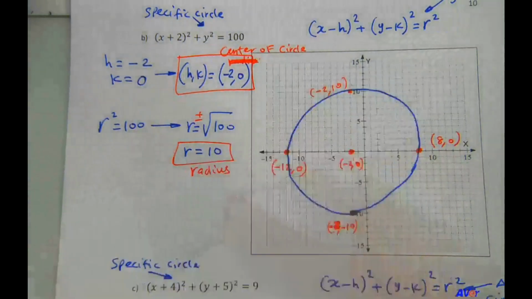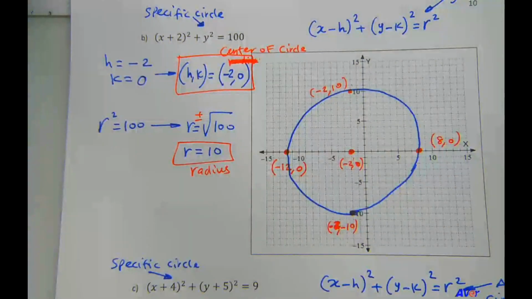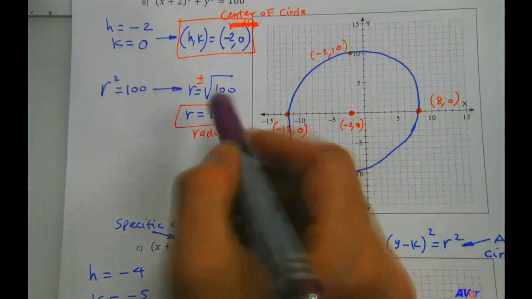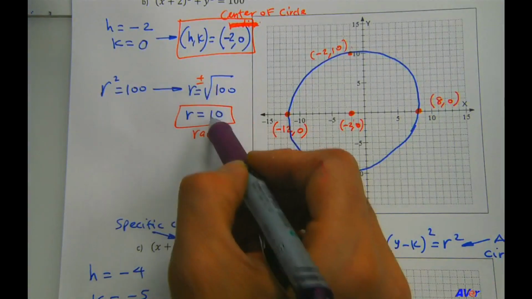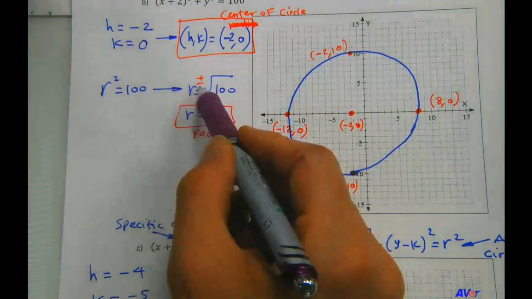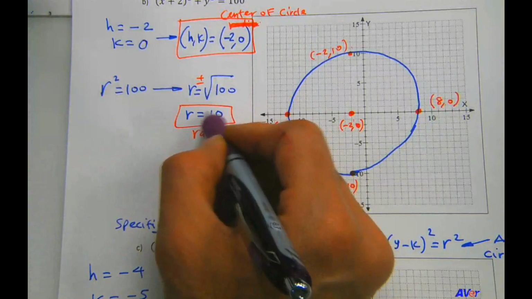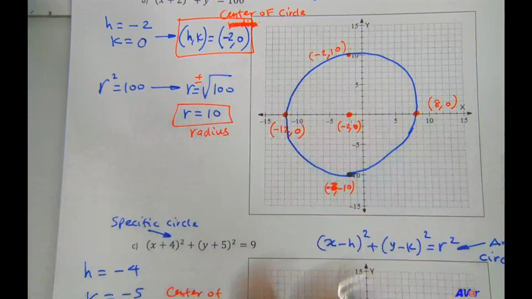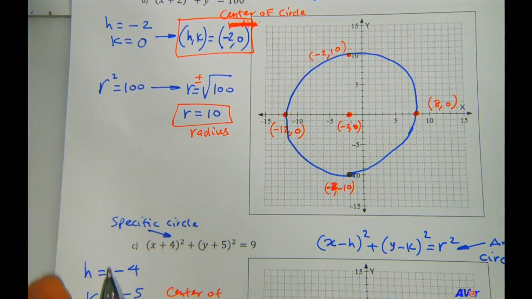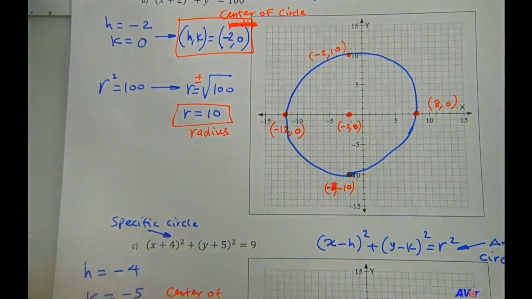Because distance is always positive. Distance is always positive. So that's why we use the positive 10 and discard the negative 10. Okay, but normally it would have been plus or minus 10 if this was the square root for an x.